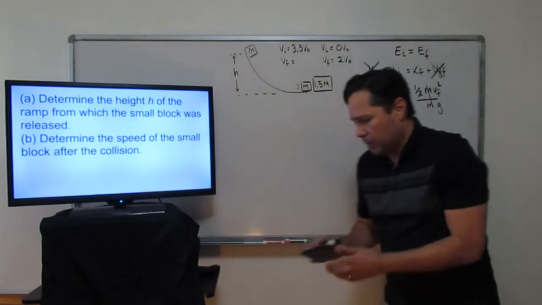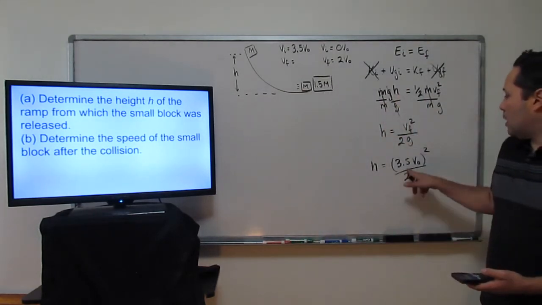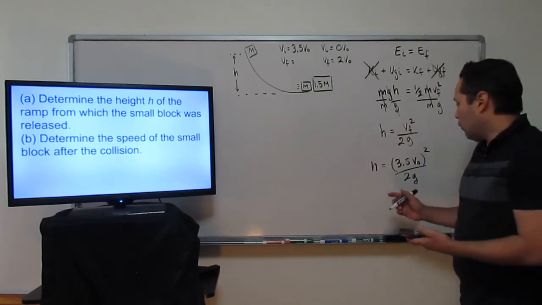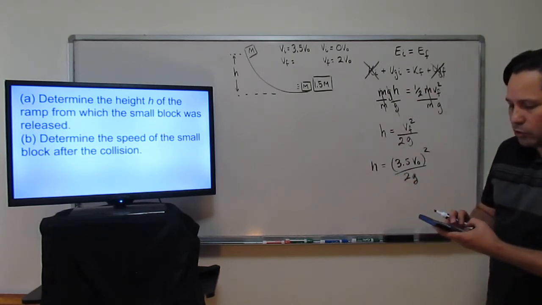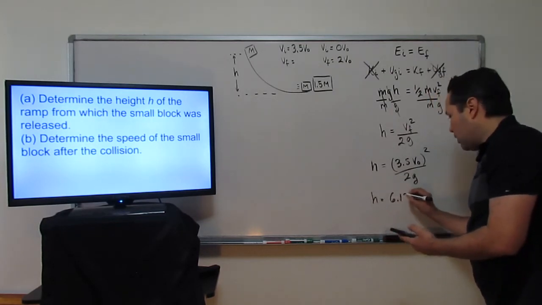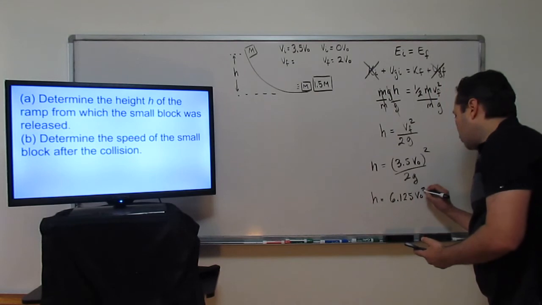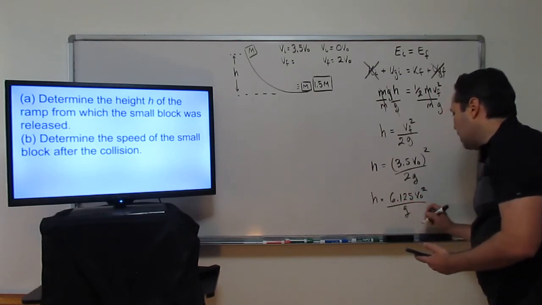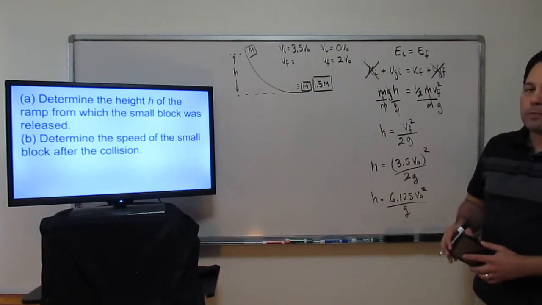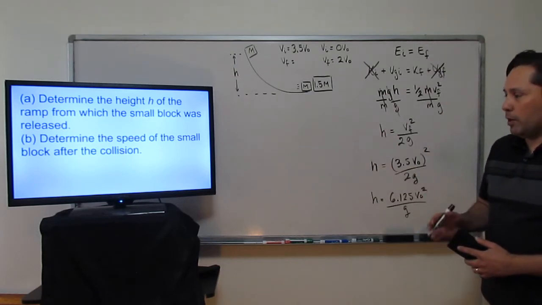We could leave it like that, but we're going to take it a step further. We square that, 3.5 squared gives me 12.25, divided by 2. Simplifying just a hair further, 6.125 VO squared over G. That will be the height of the ramp, and that takes care of part A.